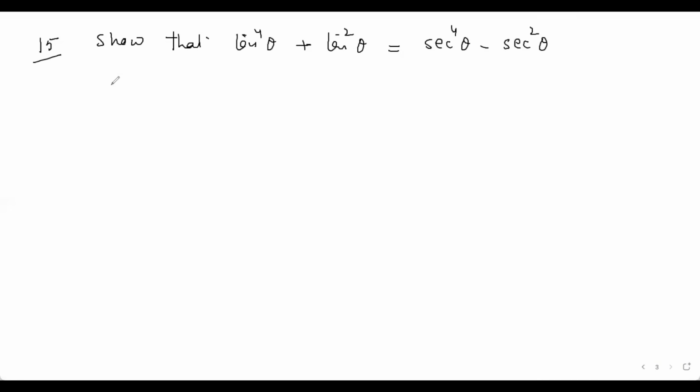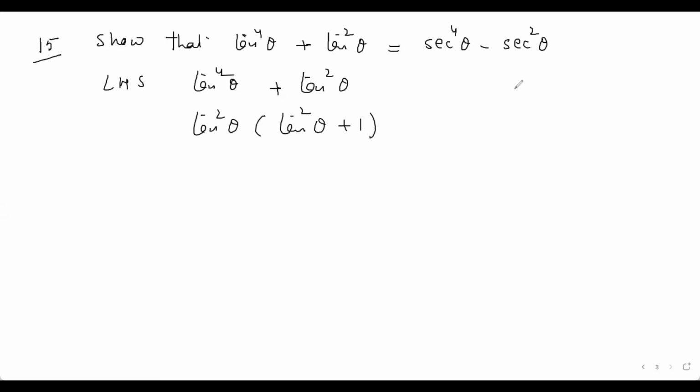Now prove that tan⁴ θ + tan² θ is equal to sec⁴ θ − sec² θ. Now the left hand side is tan⁴ θ + tan² θ. Take tan² θ common. You will have tan² θ (tan² θ + 1).